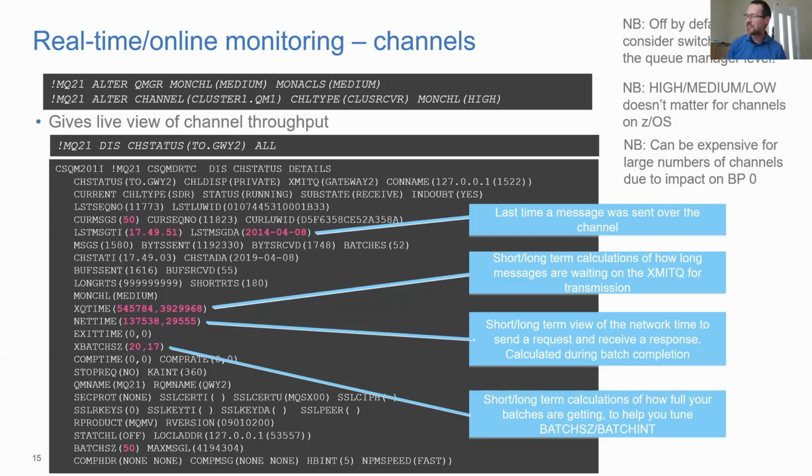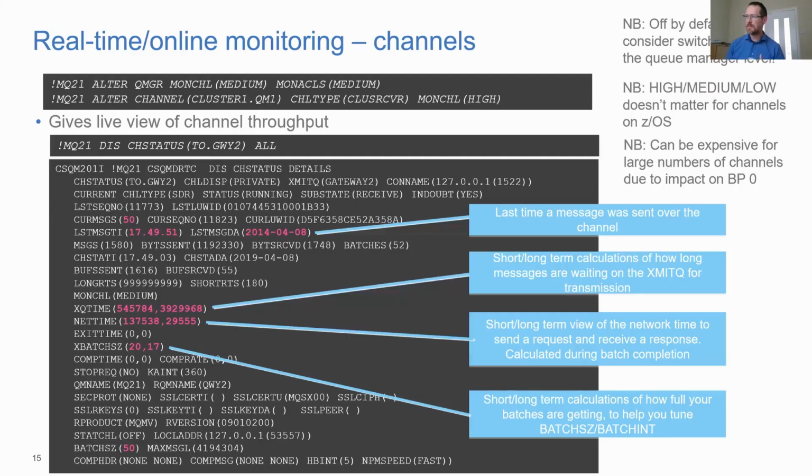And again, maybe that's changed. Maybe it used to be that you were sending batches of 50 messages and now something's slowed down or changed, and now you're sending single message batches, and that means your throughput's gone down. So you can look at the X batch size, which is the average. You can look at the configured batch size, and you've also got the current messages, which is the current batch size as well.